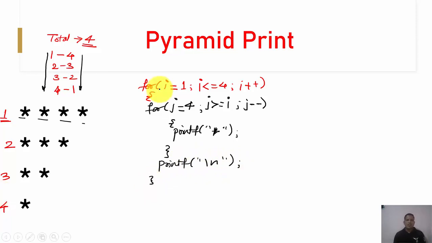Simple and straightforward. So what will happen? Initially I is equal to 1, yes, 1 is less than or equal to 4, yes, I plus plus. Now j is equal to 4, whether 4 is greater than or equal to 1, yes, the condition is satisfied, it will first print the character. Next j minus minus.